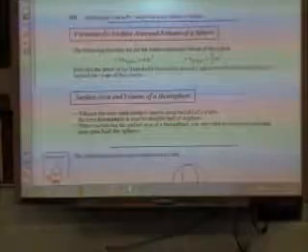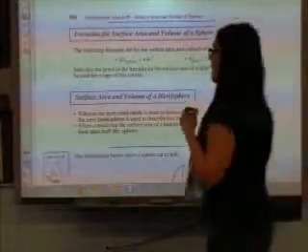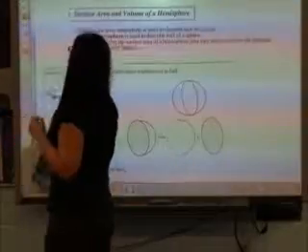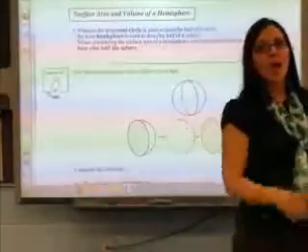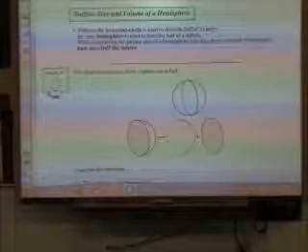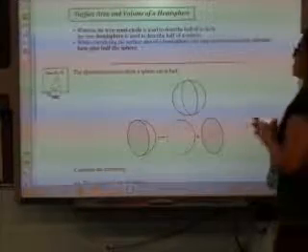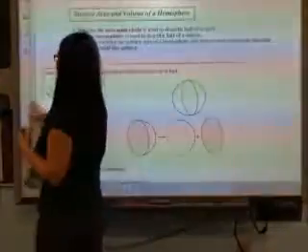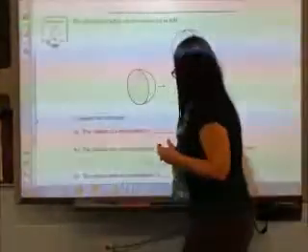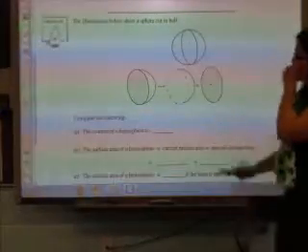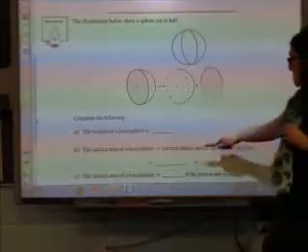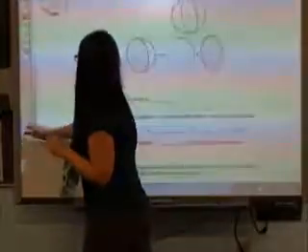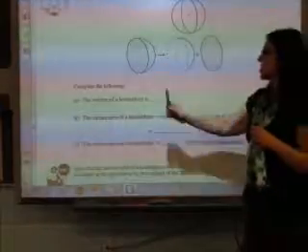The next part just talks about hemispheres and understanding the terminology behind a hemisphere. A hemisphere is half of a sphere. So if I was to determine the surface area of a hemisphere, or actually let's look at the volume.